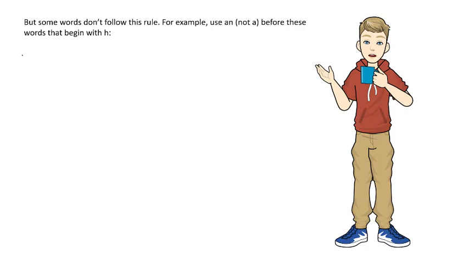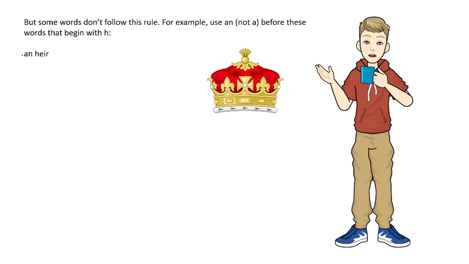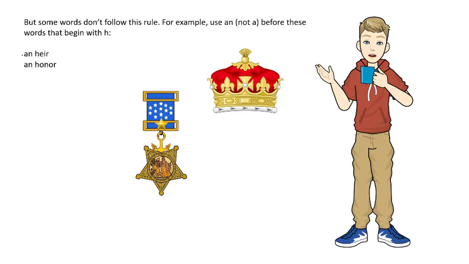For example, we use an, not a, before words that begin with the letter H. An heir, الوريث. An honor, شرف.